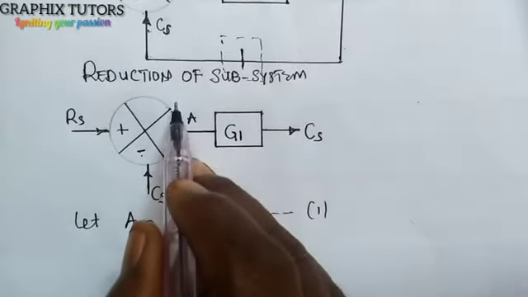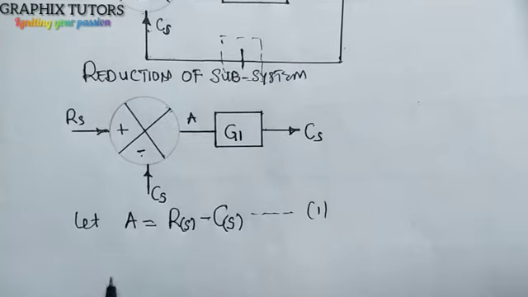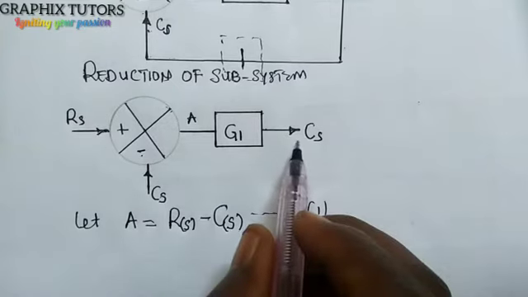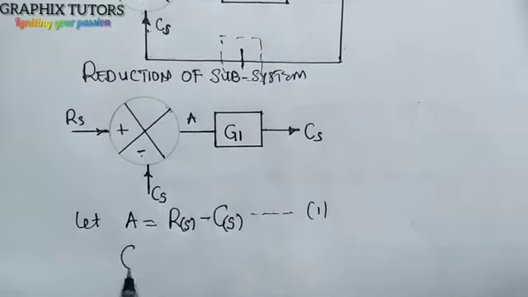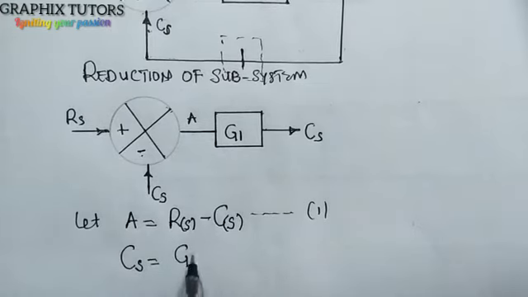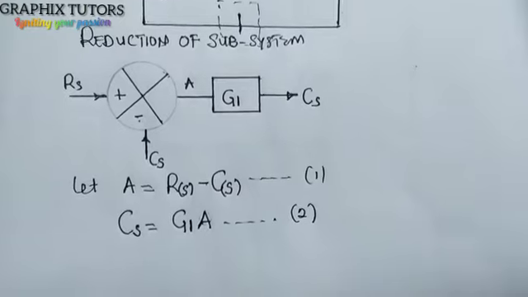Unit feedback. Now, the next thing we do is CS now, which is the output. So we say CS is equal to G1 A. That is the transfer function G1 times the A. Now I'll call this equation 2. Now we keep moving.